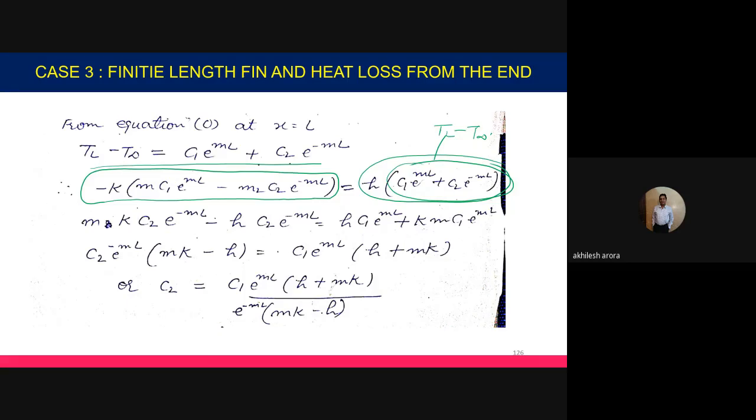Some steps have been done, and you can go through these two steps. We get the value of C2 in terms of C1, which is given as e raised to power mL times (h plus mk) divided by e raised to power minus mL times (mk minus h). So this is the value of C2. You may have to pause the slide and look at how we have calculated it. It's very easy.